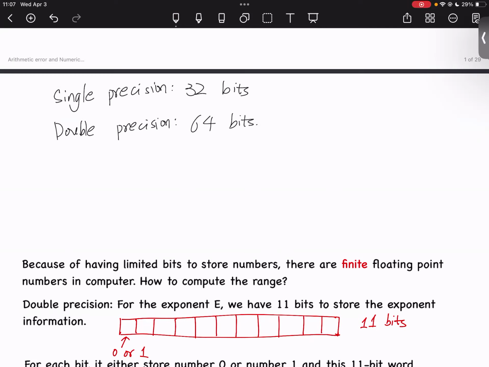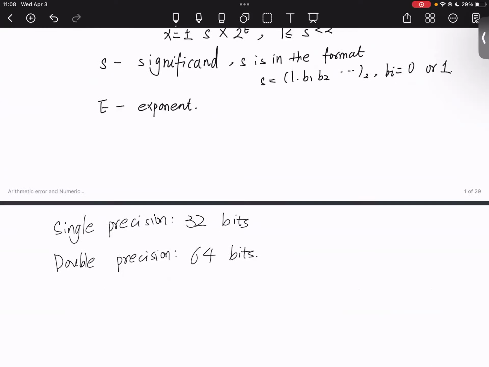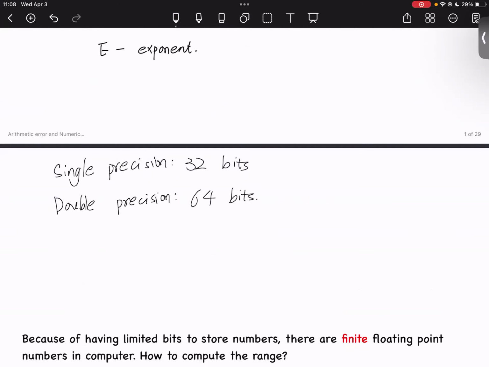So here we have the binary scientific notation for a real non-zero number, and let's see what we have in computer storage.